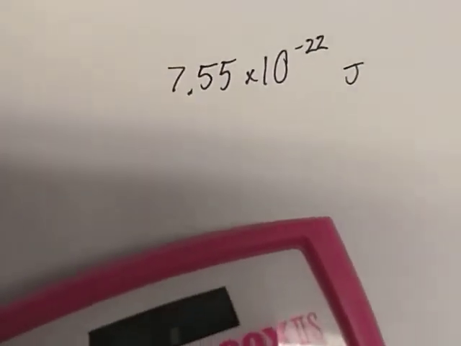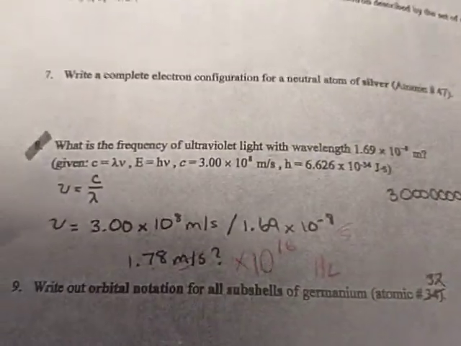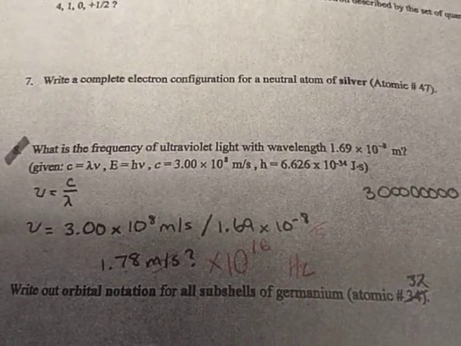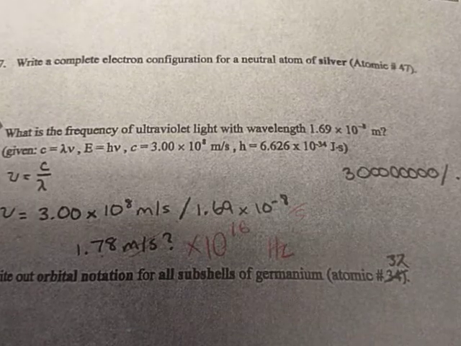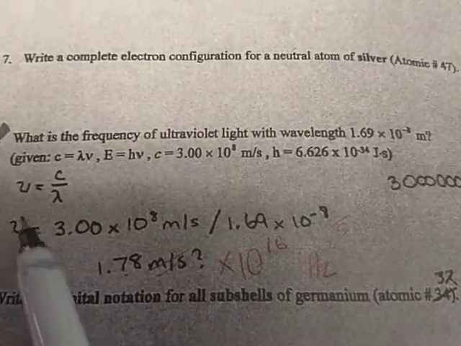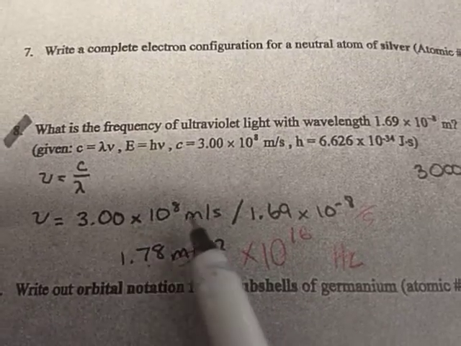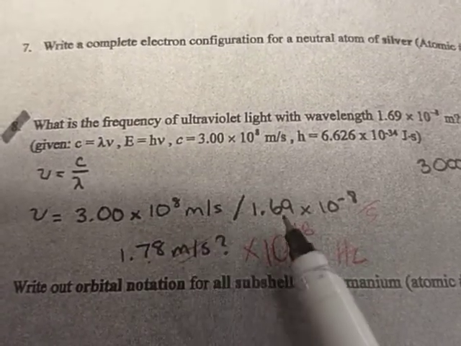Okay, we had one other problem on your paper, down here. This one is asking you for the frequency, and they tell you a wavelength. You went ahead and said, well, frequency, which is nu equals c over lambda, and you wrote down c, and this time you did include a label there.